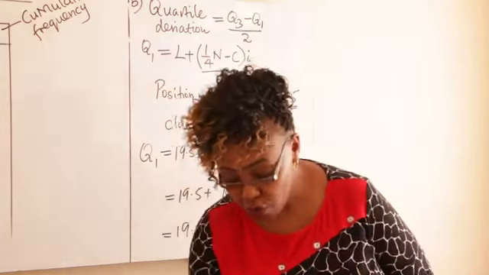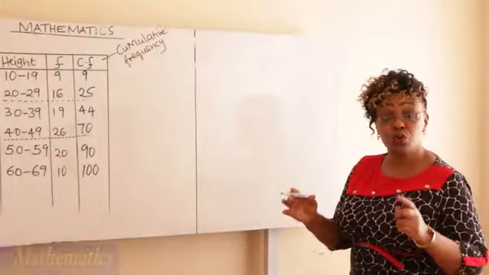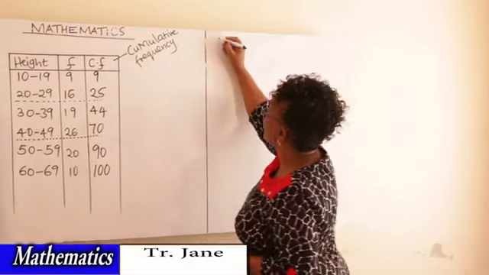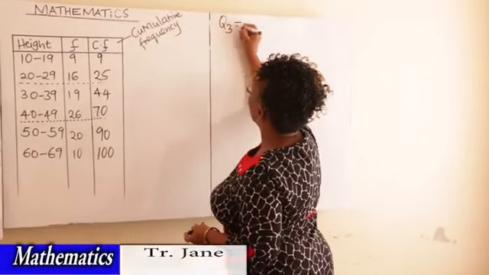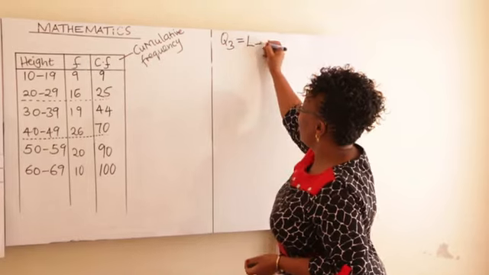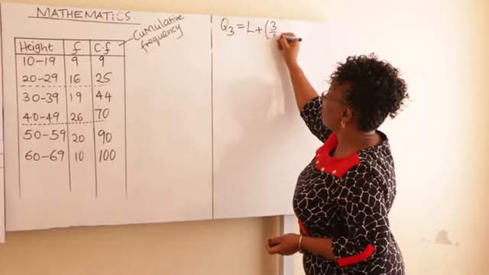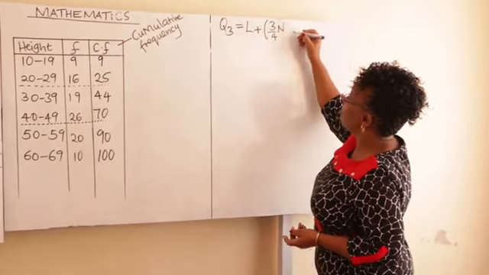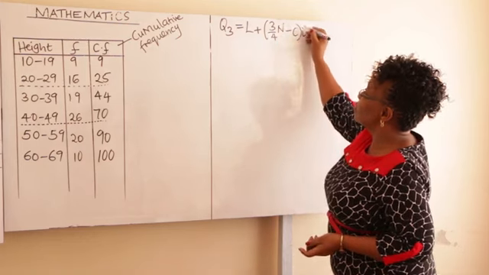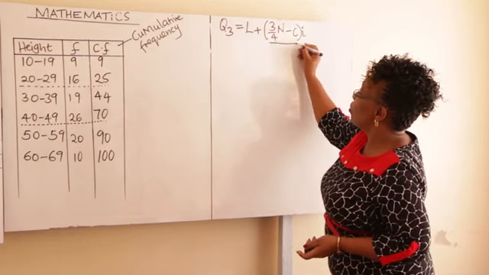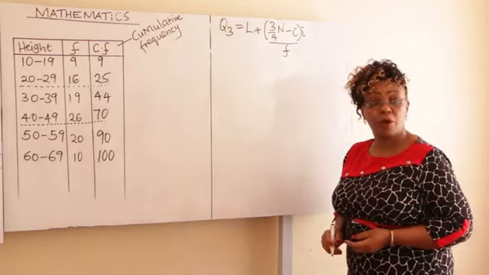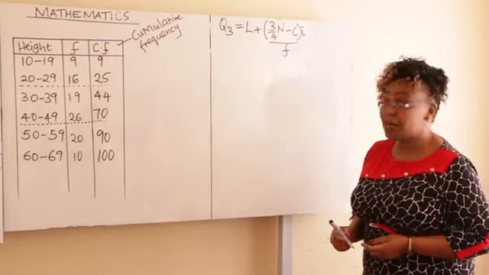Learner, we now go to Q3. How do you find Q3? Q3, the upper quartile, is got by L plus, remember the formula, three over four n minus C, multiplied by I, all over F. Remember that formula.